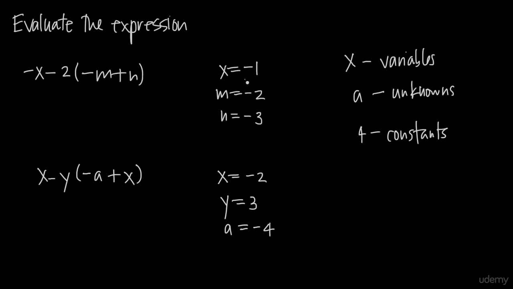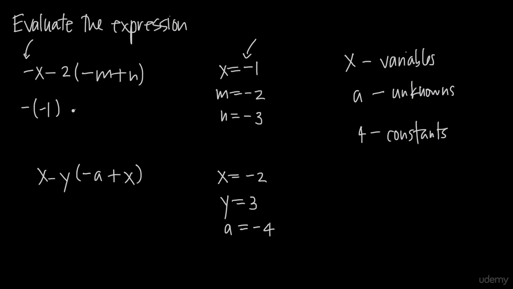So when we evaluate the expression and plug in the values we've been given for the variable x and the unknowns m and n, we have to be really careful with our signs, because notice here in our expression we have a negative x. We need to keep this negative sign, but we also need to keep this negative sign here for x. So we're going to write this negative sign down here. Then we're going to put parentheses around our x value, and then we're going to plug in negative 1 for x.